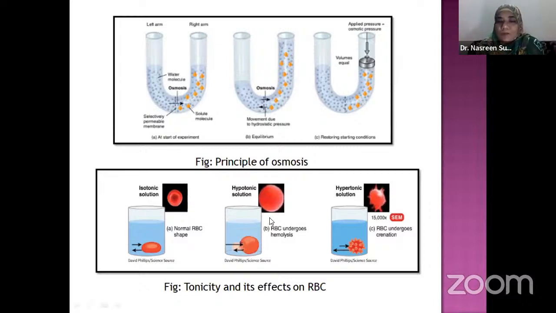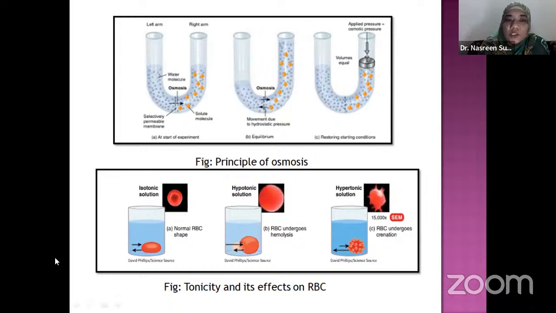Now, where is this osmotic pressure concept used? When you take an RBC and put it in some solution, the measurement of this osmotic pressure comes under tonicity. You might have heard about saline solution, the 0.9% normal saline NaCl solution.